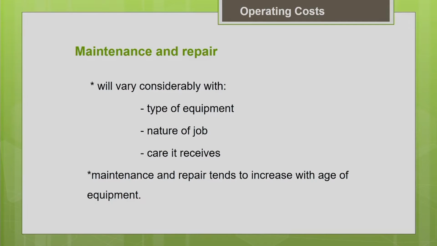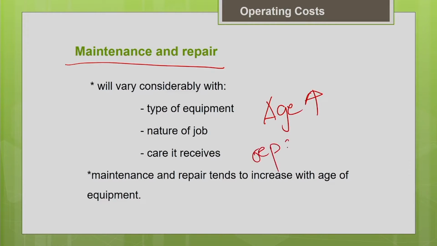Now let us discuss the operating cost one by one in detail. The first one which we are going to discuss is the maintenance and repair cost. This contributes a significant proportion of the operating cost of the machine. As your machine ages, obviously your repair and maintenance cost is going to increase, because your machine has been subjected to more wear and tear.